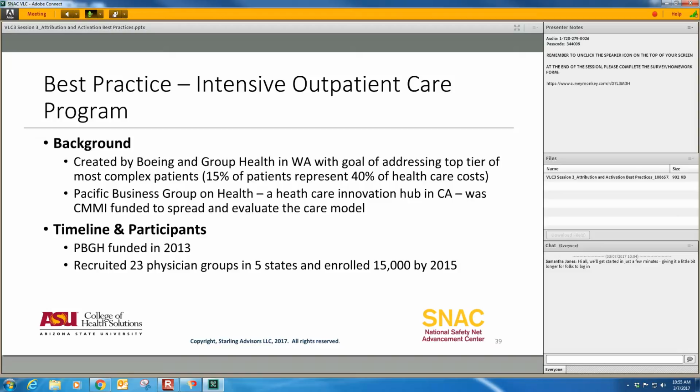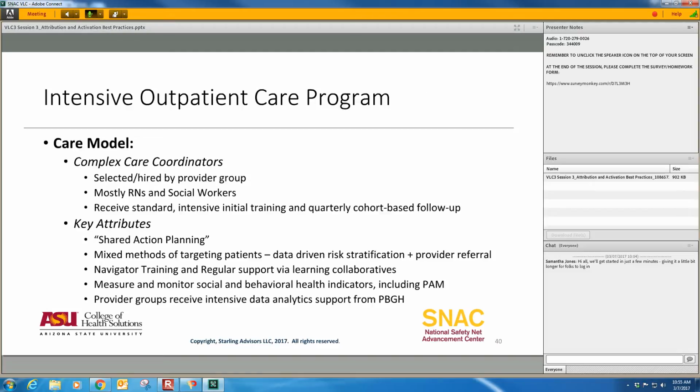The Boeing and Group Health pilot has been going on for a long time, but that CMMI push to spread to other providers was funded in 2013. They worked with 23 different provider groups, a mix of private providers and integrated providers, in 5 states. In this expansion effort, they had enrolled 15,000 patients by 2015.